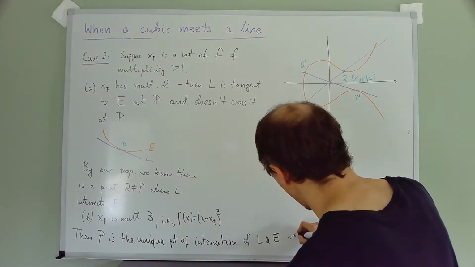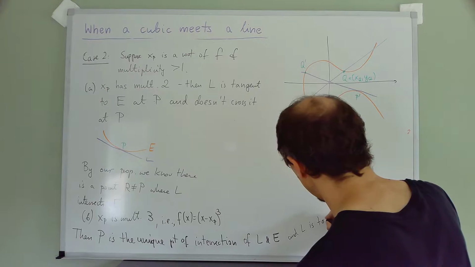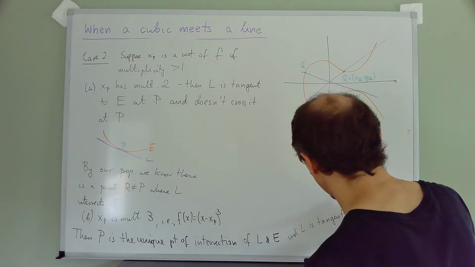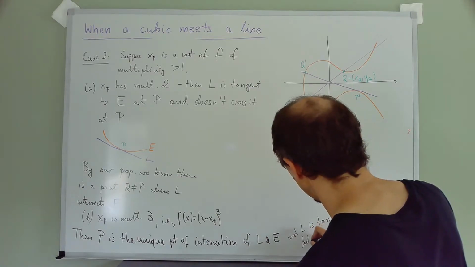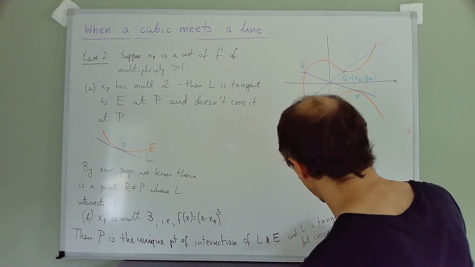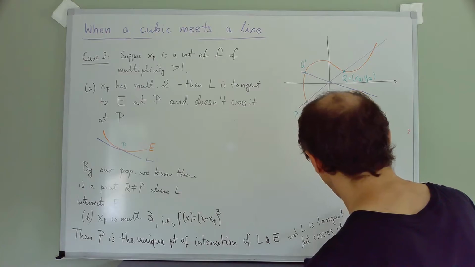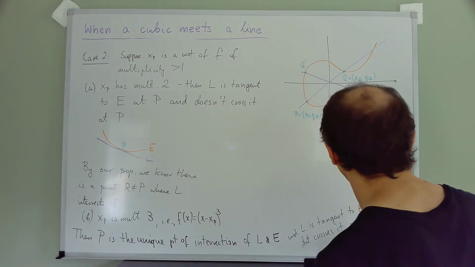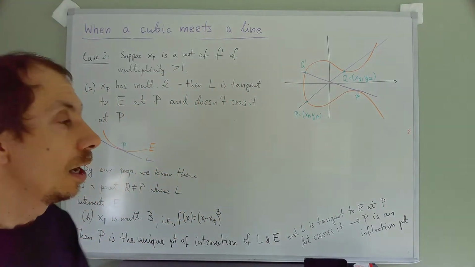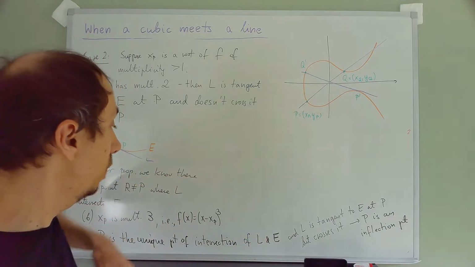And L is tangent to E at P, but crosses it. P is an inflection point. Okay, could I find an inflection point on this picture there?